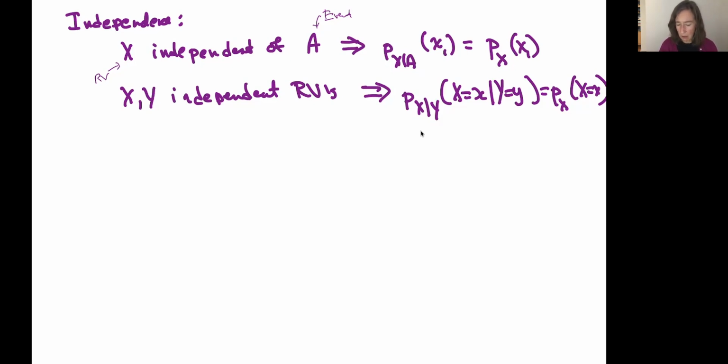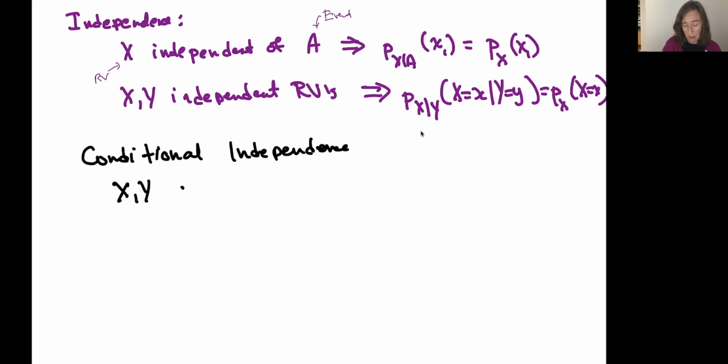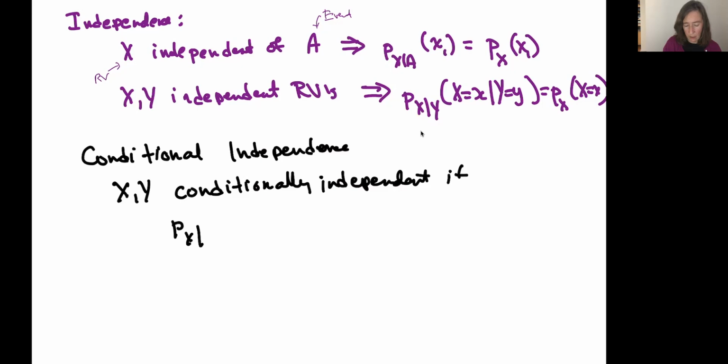Let's put a little black, which I haven't used yet, for conditional independence. So I'm going to talk about two random variables, X and Y, being conditionally independent if the probability of X conditional on A and Y equals y is just the same as the probability of X conditional on A by itself.